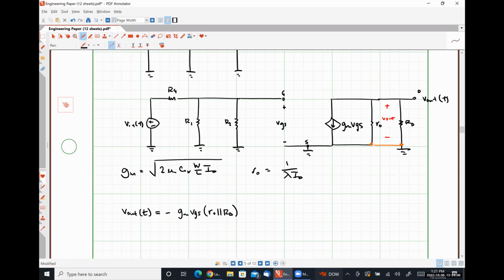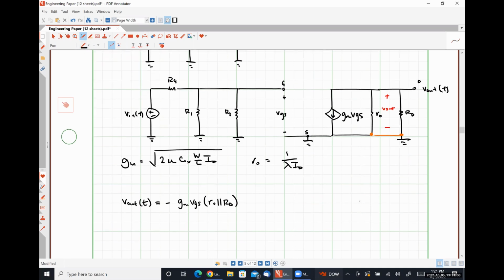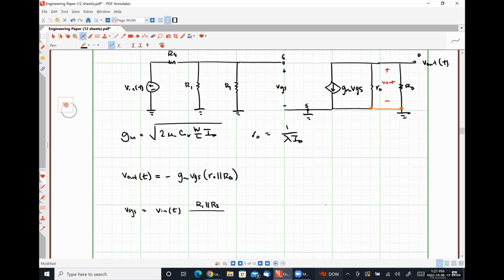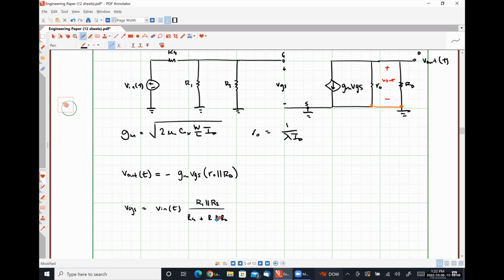So since VS is obviously 0, because our source is tied to ground, our voltage VGS is our input voltage as a function of time multiplied by R1 in parallel with R2 over RG plus R1 in parallel with R2.